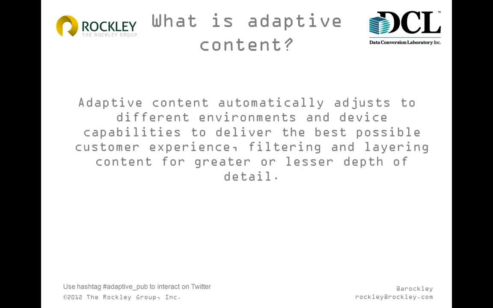It does that in a variety of ways, but it can filter content. So it can say, we're not going to display all of this at this point in time. We're going to layer it. We're going to show you certain pieces of information, and allow you to scroll or link down through greater or lesser detail. And it does it all automatically. You do not have to manually set it up each time.